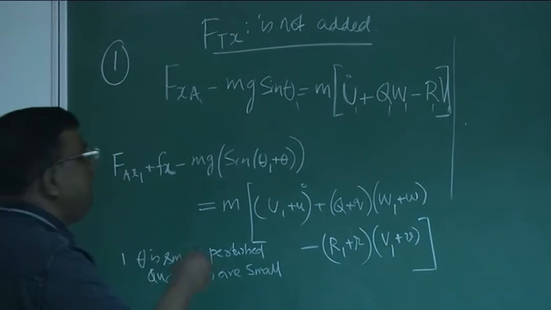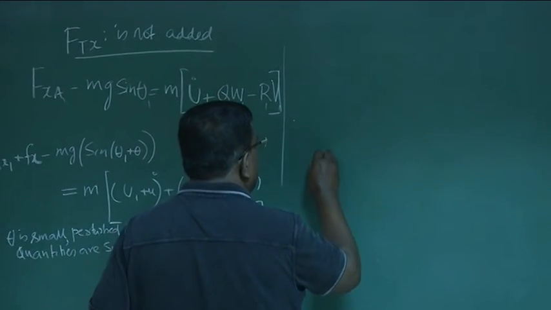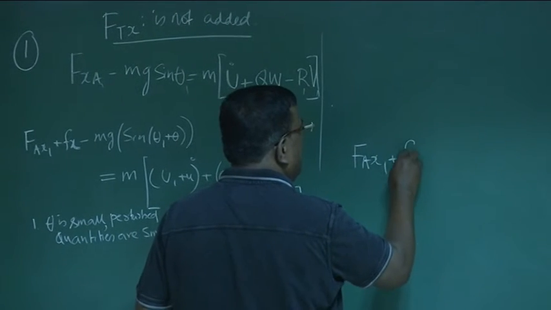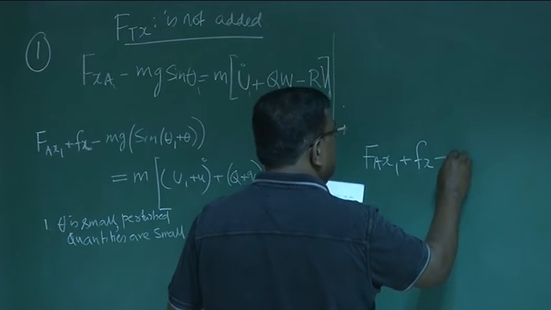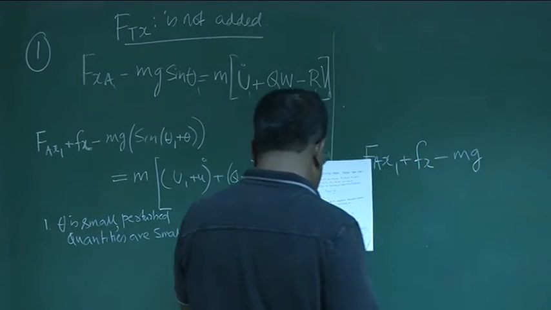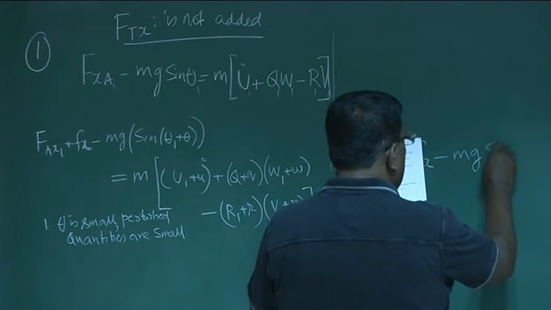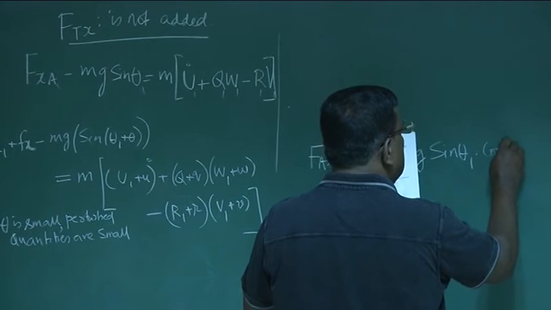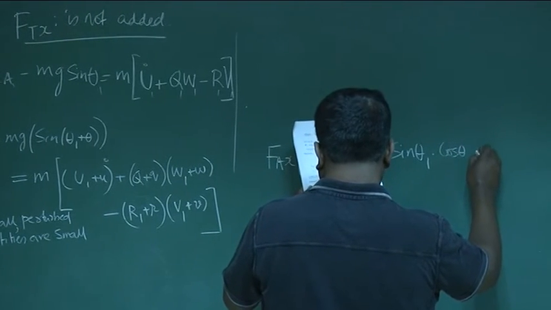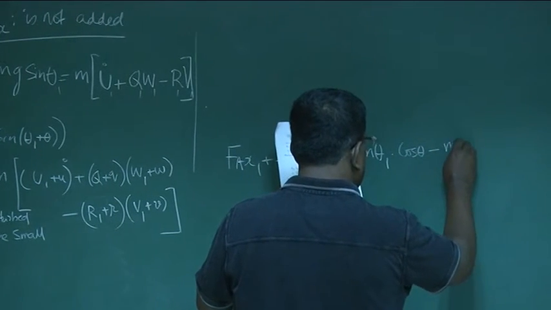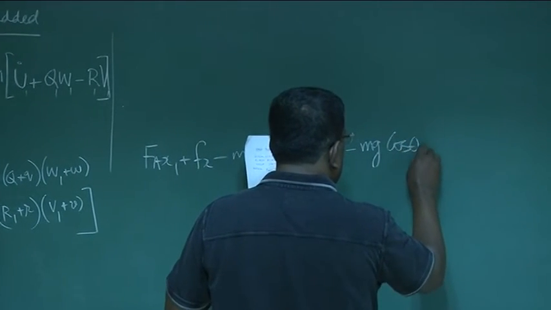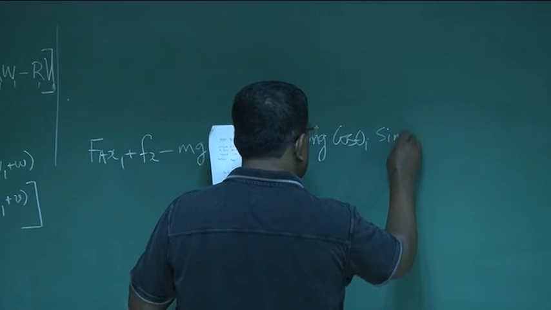If I expand it, what I will get, you see: fax1 plus small fx, minus mg sine theta 1 cos theta. You should also do it. If I commit a mistake, you should be able to correct it. Cos theta 1 into sine theta.